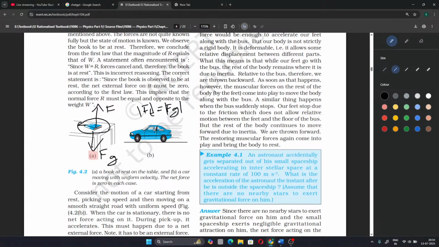The table is basically stopping the book from falling down and going with full acceleration toward the center of the earth. What is stopping it is the table. The table is putting a force in the upward direction. This force is called the normal force, Fn, where Fn in magnitude will be equal to Fg.